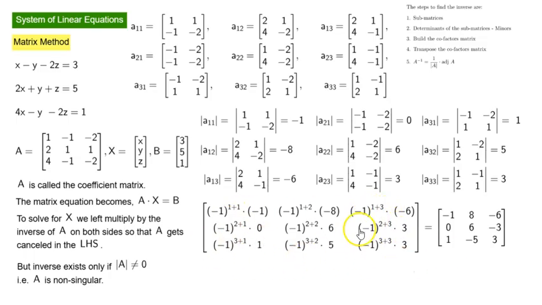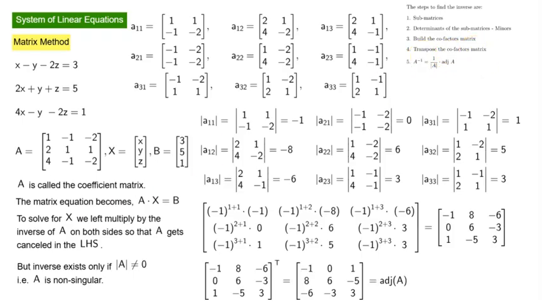And evaluating these signs and simplifying, we get minus 1, 8, minus 6, 0, 6, minus 3, 1, minus 5, 3. What is the next step? Transpose the cofactors matrix. So to take the transpose of this matrix, we get minus 1, 0, 1, 8, 6, minus 5, minus 6, minus 3, 3. And this is the adjoint of A.